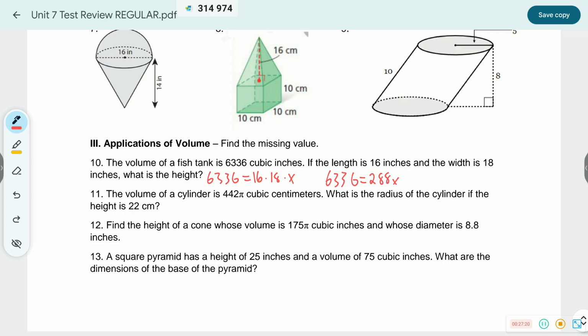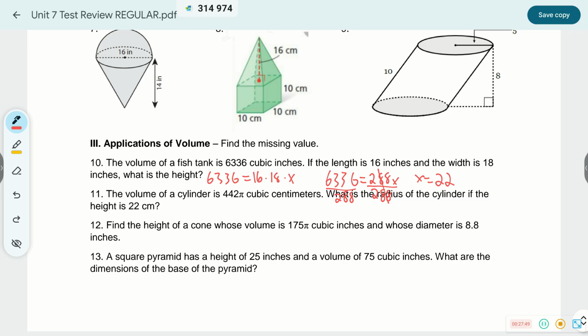We have to divide by 288 to isolate the variable. What's 6,336 divided by 288? 22. That would give us our missing length. So the height is 22.